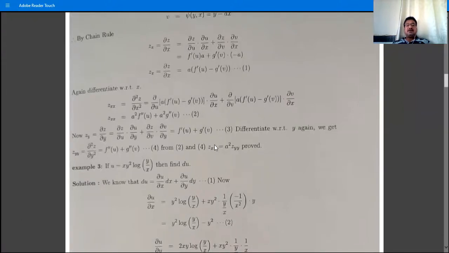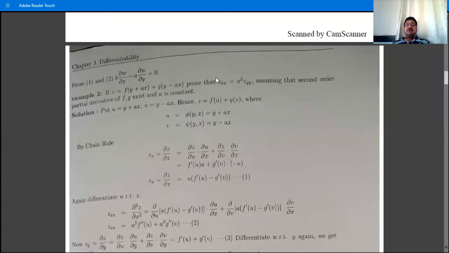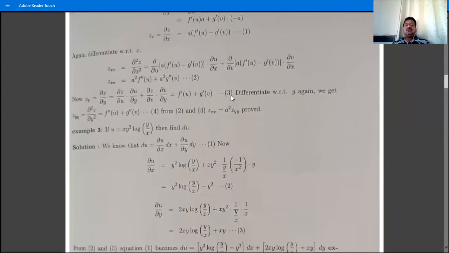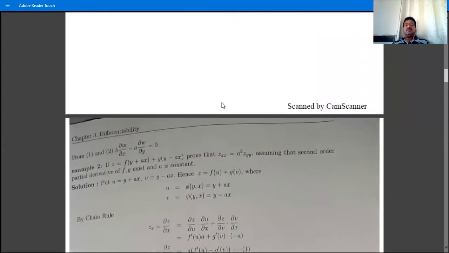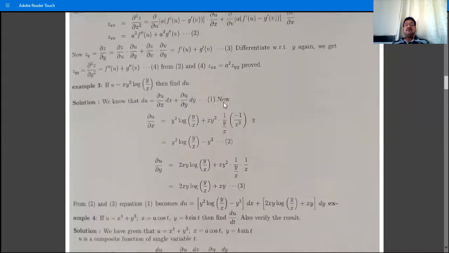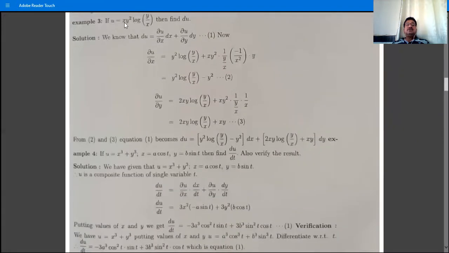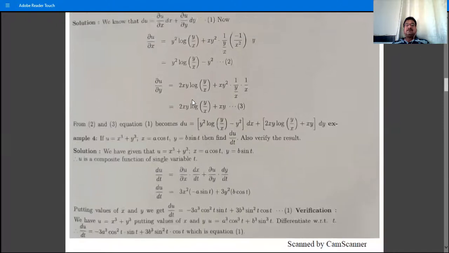That is, show this by considering the separate values of LHS and RHS, find their separate values, and show they are equal. Okay, so here u is this. Already this problem is solved in the previous lecture.